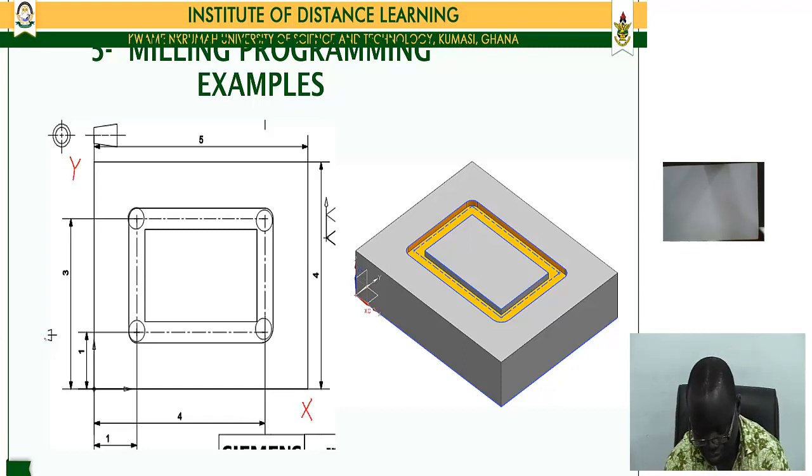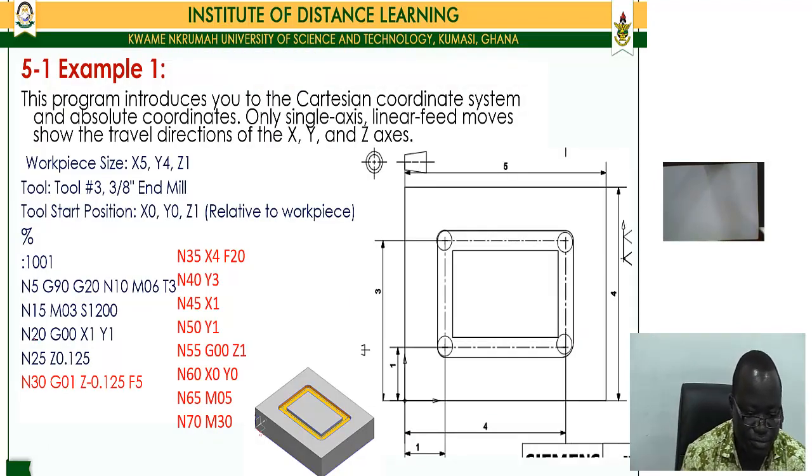Okay, so we're going to look at this in terms of trying to program the G and M codes to actually come out with this piece of profile. So example 1 reads that we want to look at the Cartesian coordinate system and the absolute coordinate system.